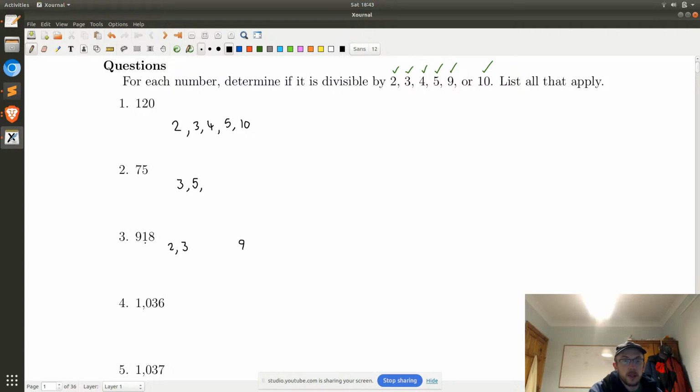Well, we only need to look at the last 2 digits. 18 is not on the 4 times table, and therefore 918 is not divisible by 4. It's not divisible by 5 or 10. So really it's just 2, 3, and 9, which I'll put next to each other as a list.